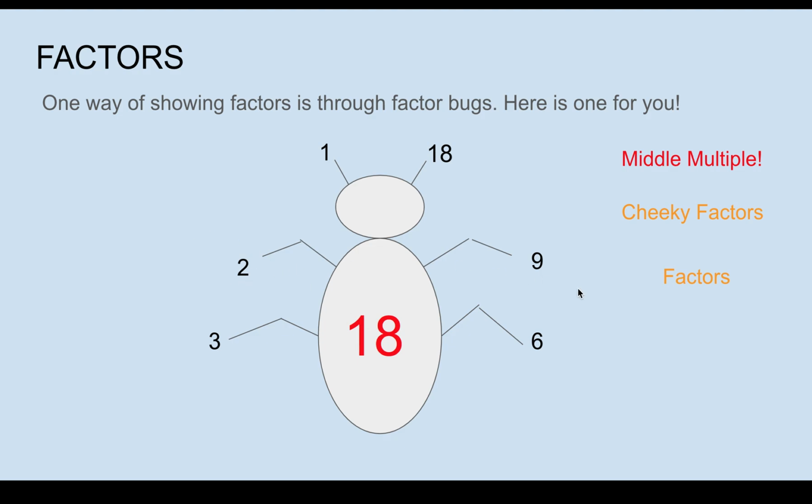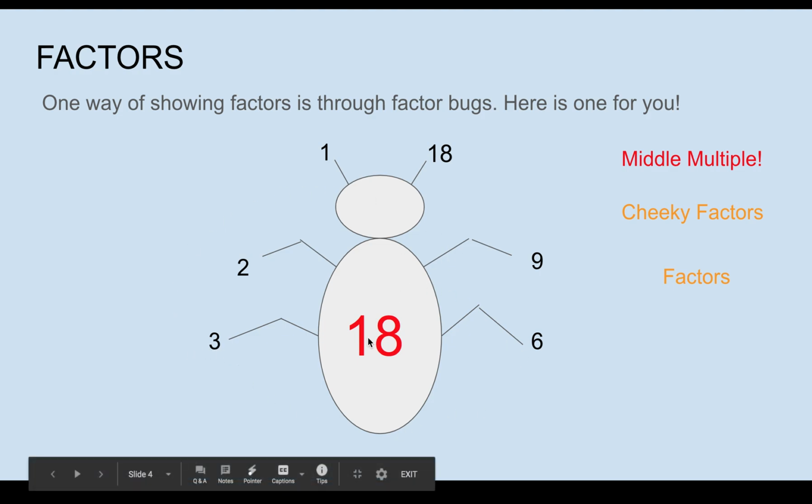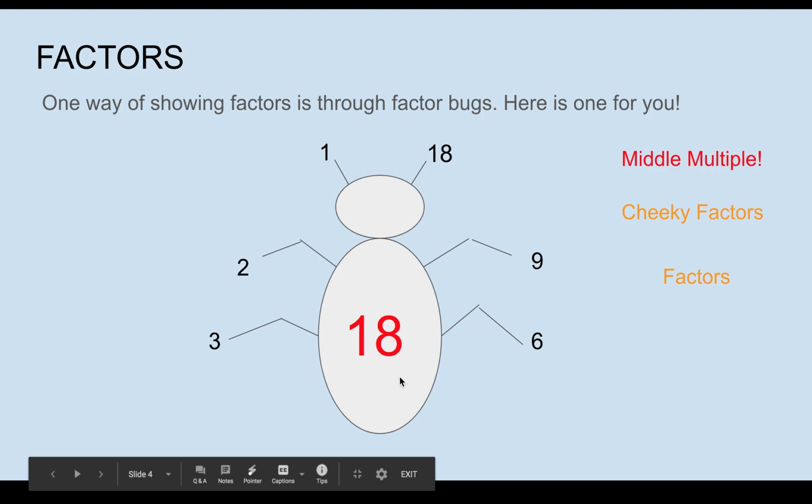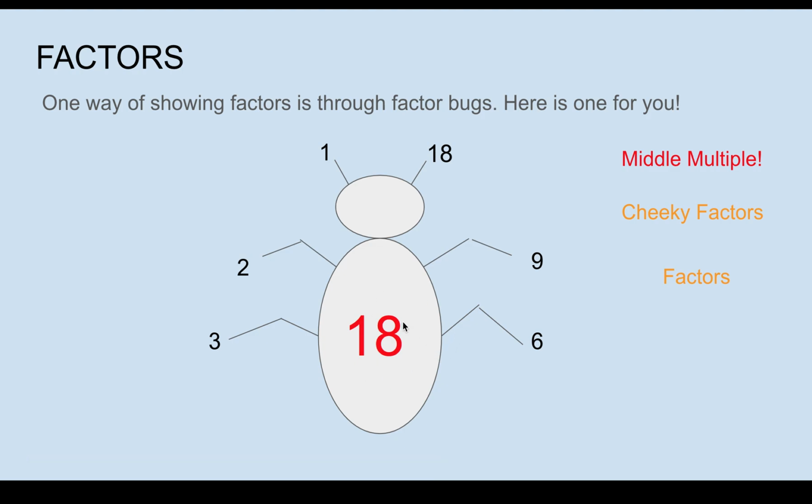Then I've got 2 and 9, because 2 times 9 equals 18. So these two numbers are a factor pair. Then 3 times 6 is also 18, and they're my last factor pair. So those are all the factors that make our middle multiple of 18.